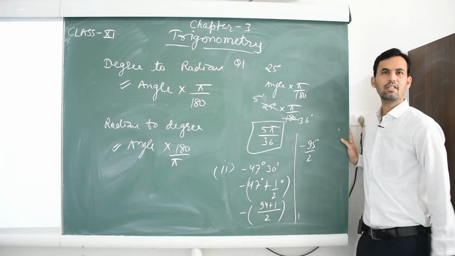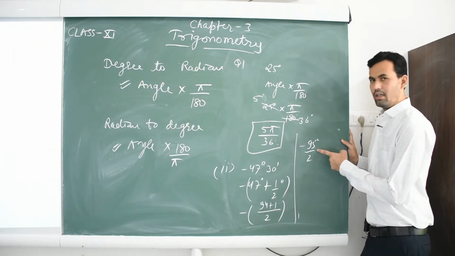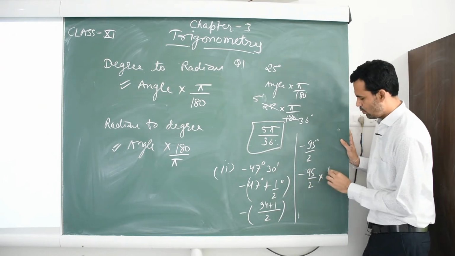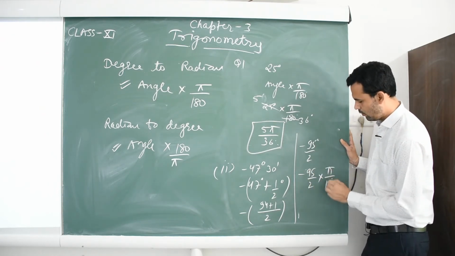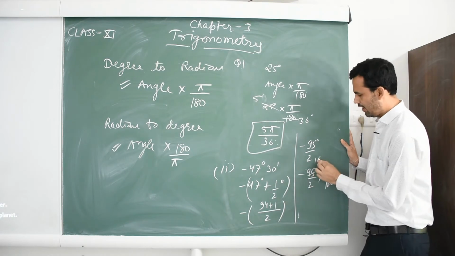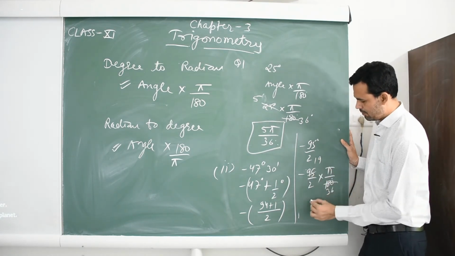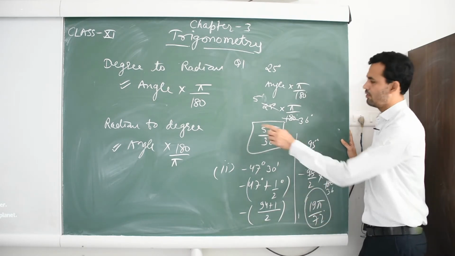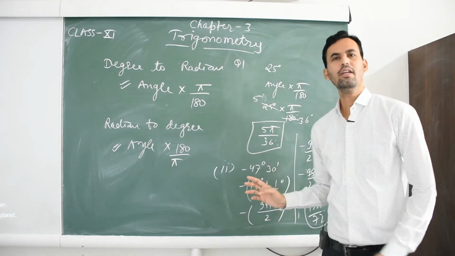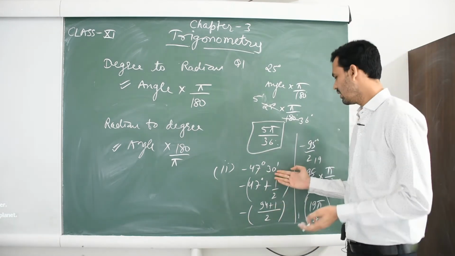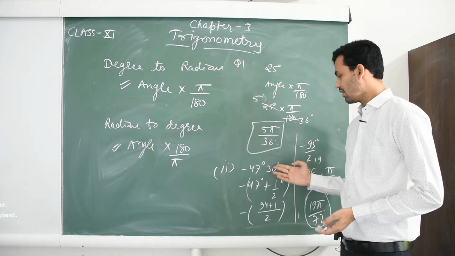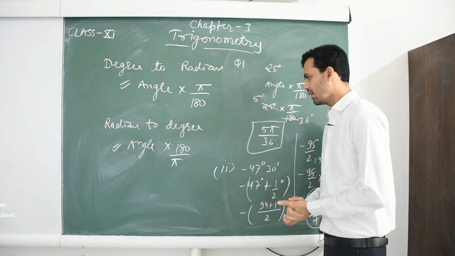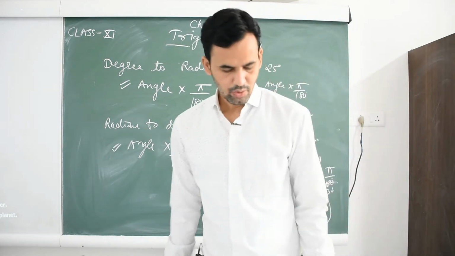If we change this degree angle into radians, then minus 95 upon 2 into pi upon 180. This is 19 times, 36 times. So 19 pi by 72 is the measurement of this angle, minus 47 degrees 30 minutes. Remember, 60 minutes equals 1 degree, and 30 minutes means half a degree. So this is all about question number 1.